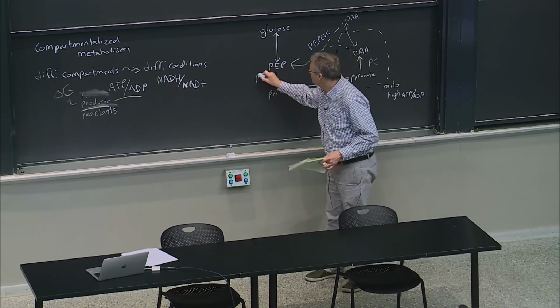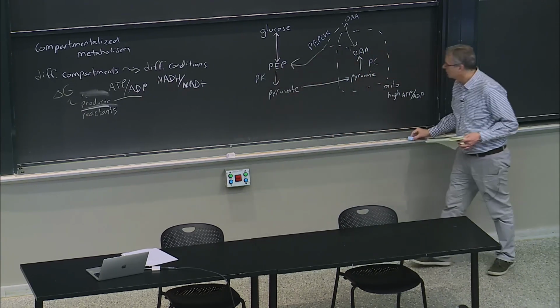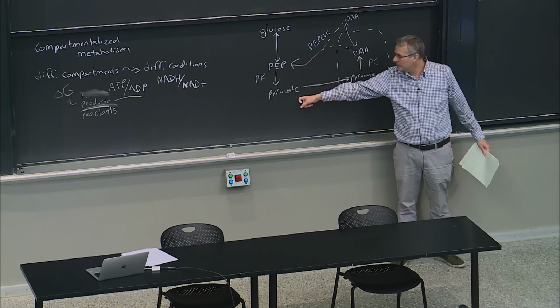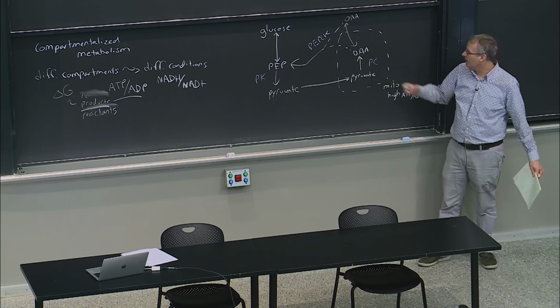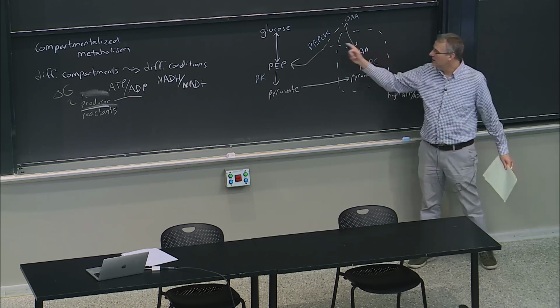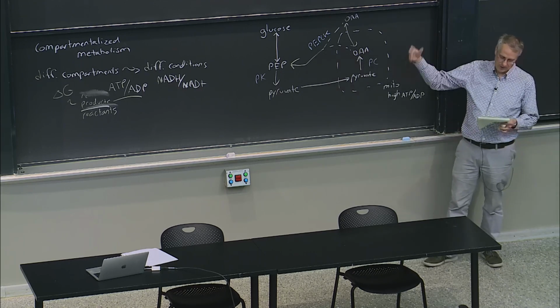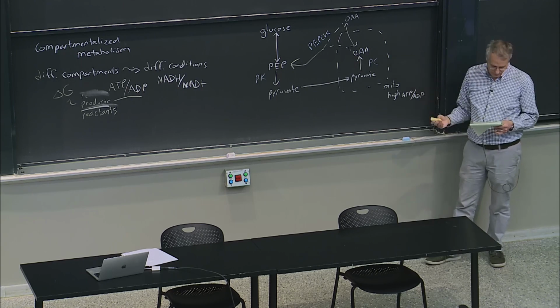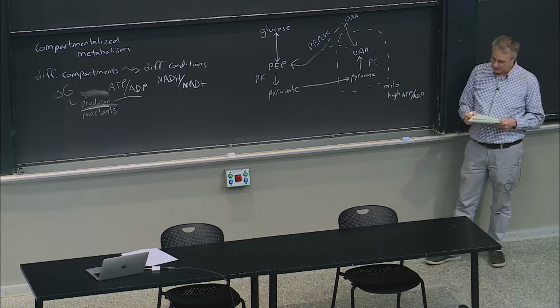And so here's a place where one can run one reaction, PEP to pyruvate, to make ATP in the cytosol, but a different reaction, pyruvate carboxylase, to turn pyruvate into oxaloacetic acid, that would then be used by PepCK to turn that back into PEP, and have that take place in the mitochondria.